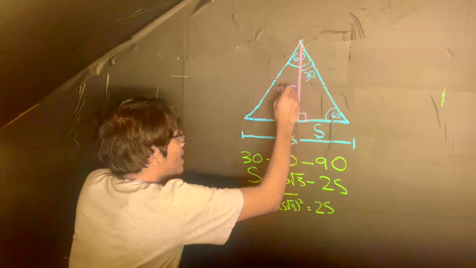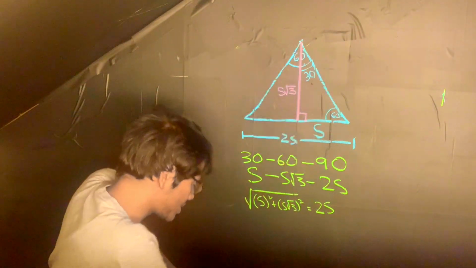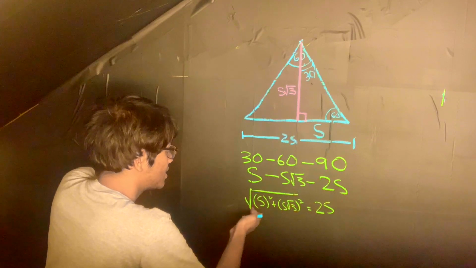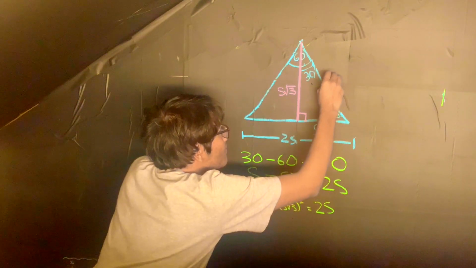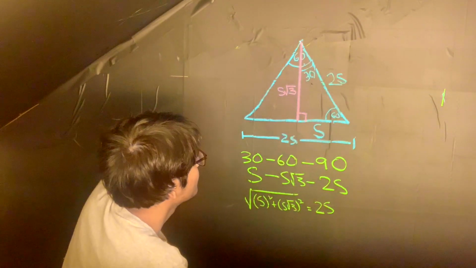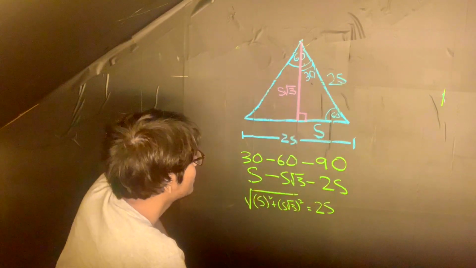This right here will be s root 3, and then what will I have? Well, this is s root 3, so what must my hypotenuse be? Via the Pythagorean theorem, the square root of s squared plus s root 3 whole squared is just going to be 2s.